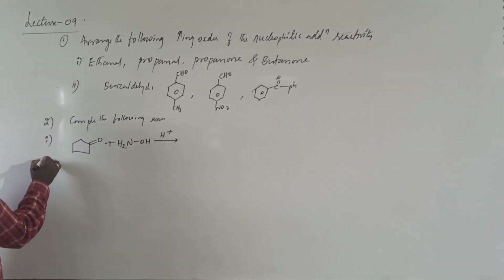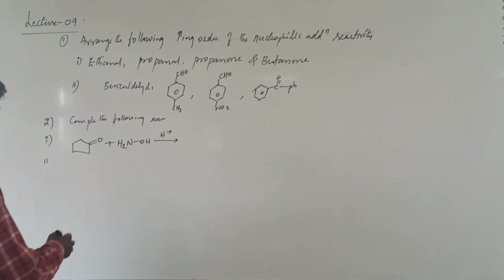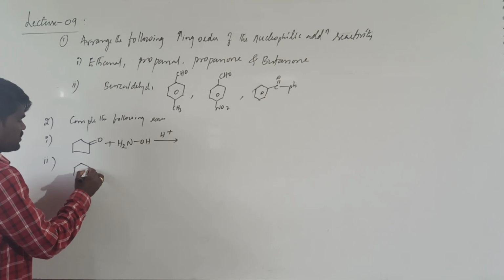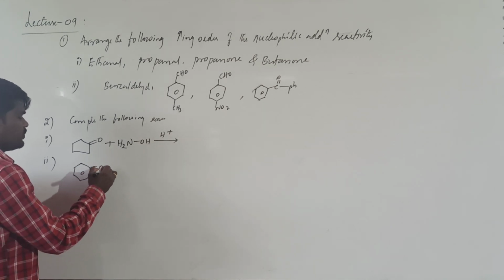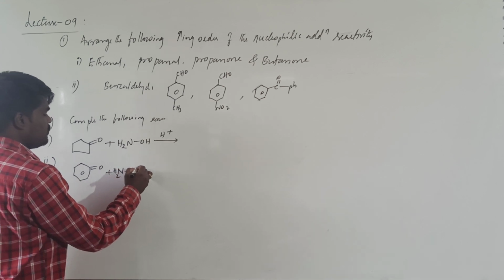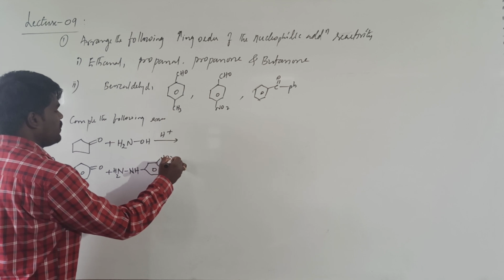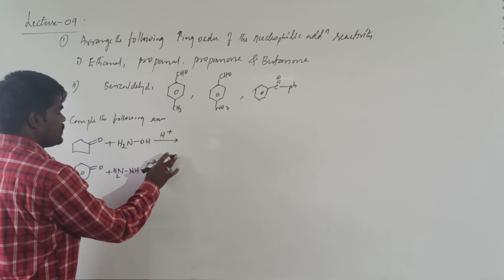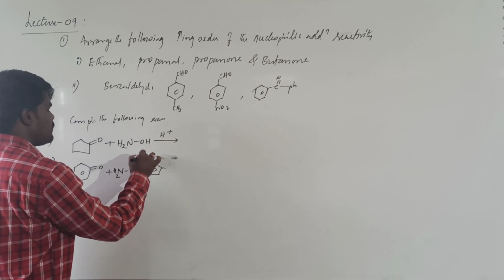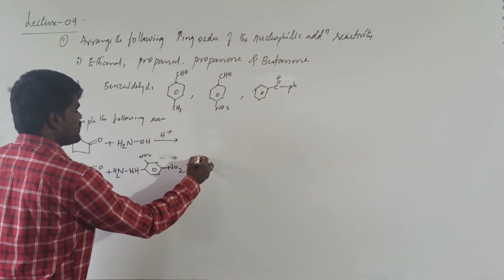The second is the reaction of cyclohexanone with 2,4-DNP. What is 2,4-DNP? 2,4-dinitrophenylhydrazine is known as 2,4-DNP. This is also in the presence of an acidic medium.